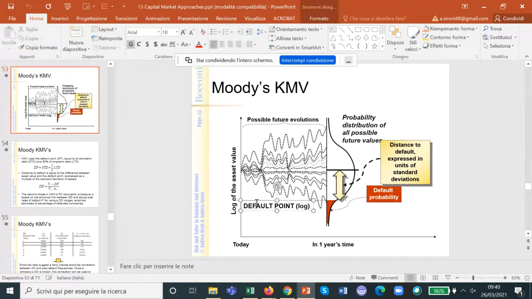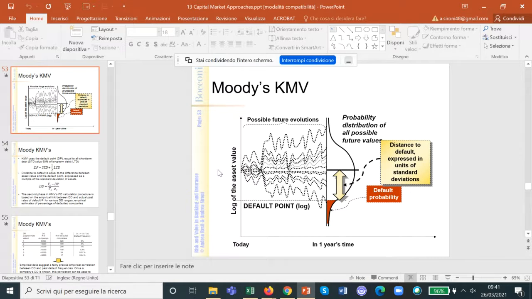So basically, the underlying reasoning is we believe that if a company's asset value is below the amount of debt, that does not necessarily lead to default, because this is certainly true for the short-term debt, because that has to be paid back soon.